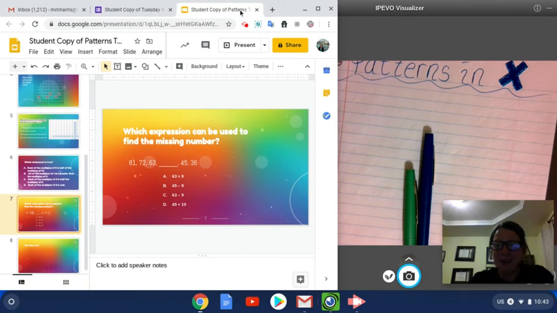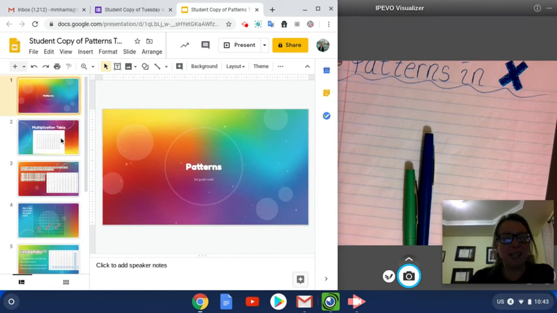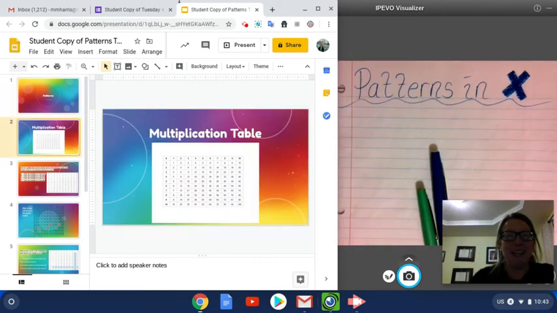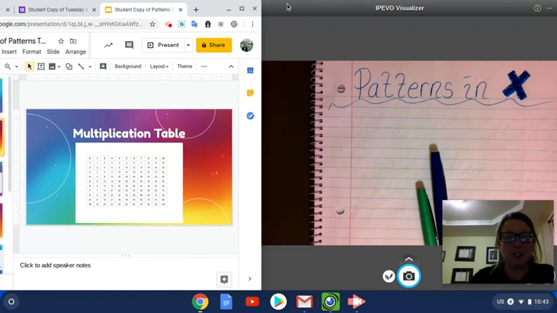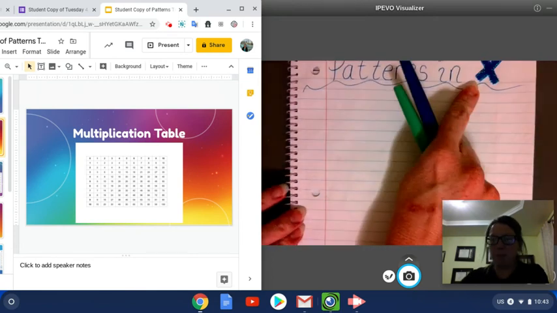And again, we're talking about patterns in the multiplication table. So you'll see on my notes for today, I'm going to scoot this over just a little bit so that we can see, we're talking about patterns in multiplication.